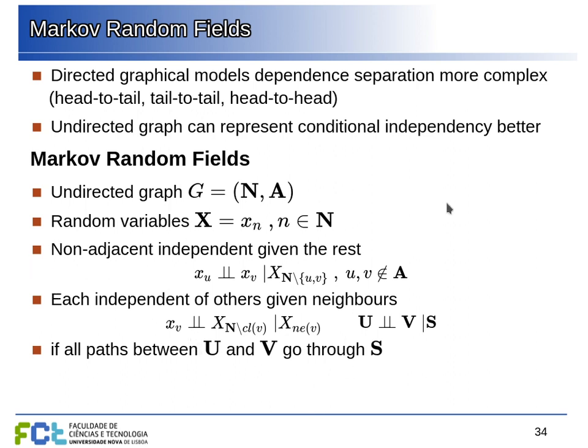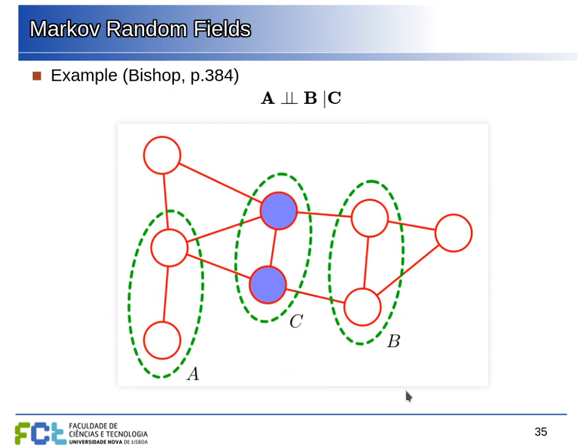All the variables that are non-adjacent will be conditionally independent if we fix everything that is in the path that joins them together. So basically these are these properties here, but we can see them visually more easily. Suppose that we observed the values of these variables here. So we know what the values of these are, and they are fixed now.